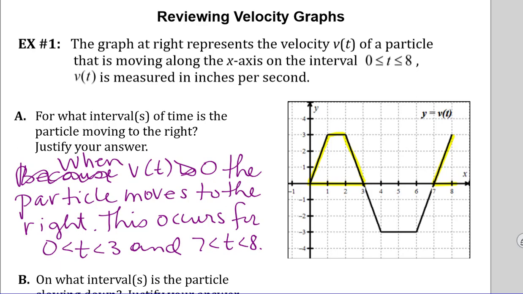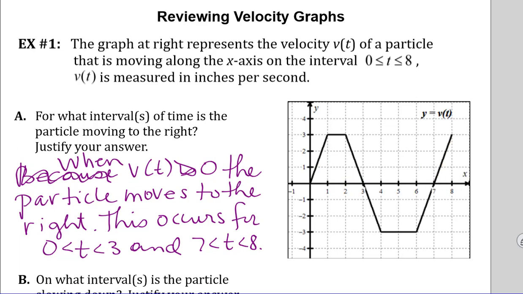Okay. The next question is, on what interval is the particle slowing down? Justify your answer. So we see a graph here of velocity, but in order to talk about whether or not it's speeding up or slowing down, we need to know about acceleration. And what we know is that acceleration is the rate of change, or the derivative, of velocity, all right?